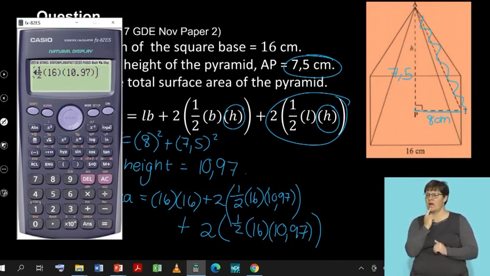And guys, if you're wondering what these plus 2 half times 16 times 10,97, all that I'm doing is I'm adding the triangles that make up the exterior of the surface area together in order to establish the surface area.